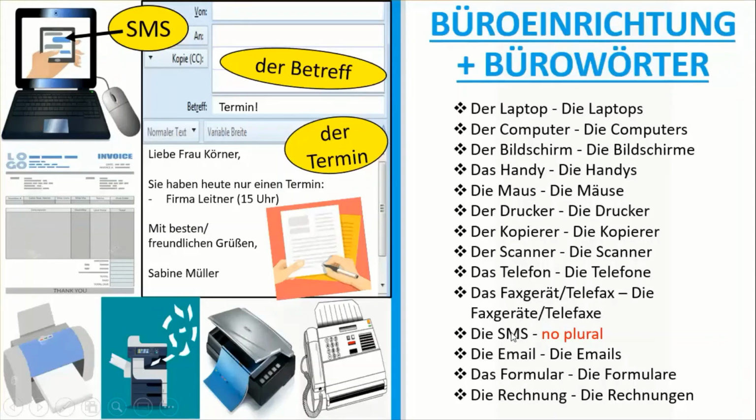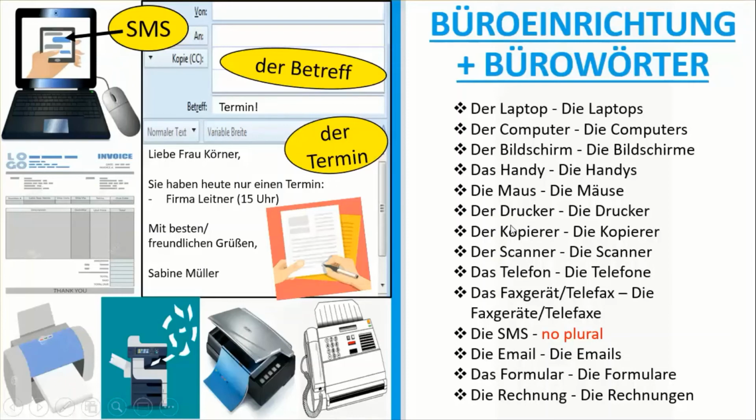So what I mean is that in singular form, we will use the article die, the SMS, or a SMS, eine SMS, but we will not use any definite or indefinite article in the plural. So SMS remains as it is in the plural form. But singularly, die Email, plural, die Emails with the S.